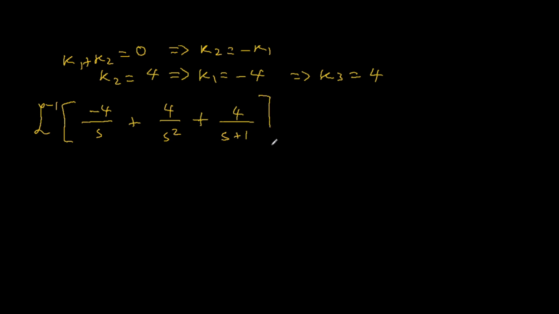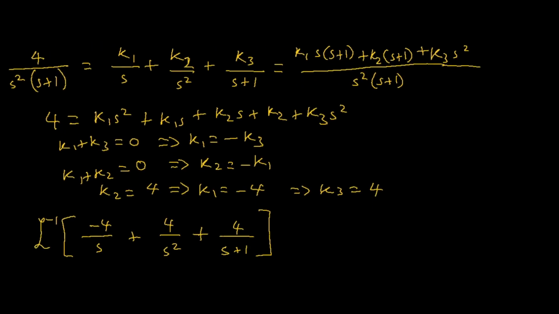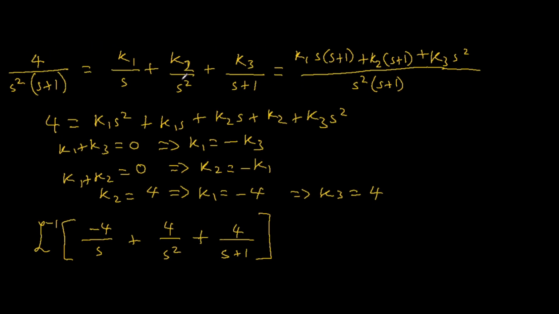Just to make sure we've written that correctly, let's go back and check that once again. So that was k1 over s, plus k2 over s squared, plus k3 over s plus 1. k1 is minus 4, k2 is 4, and k3 is also equal to 4. So this is what we have.